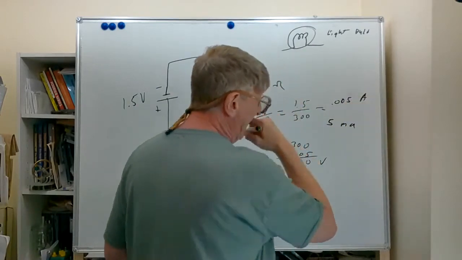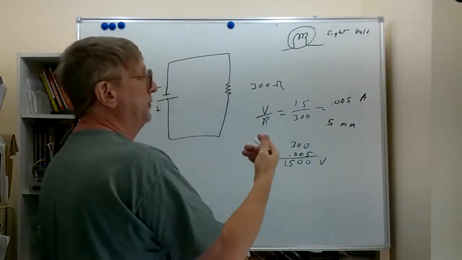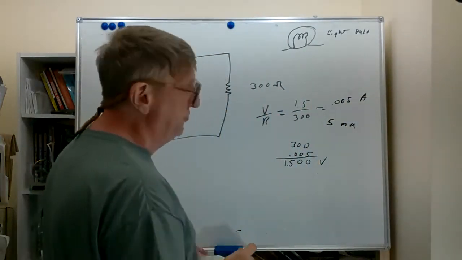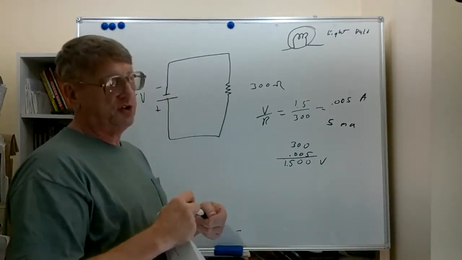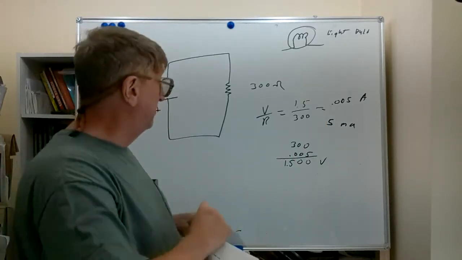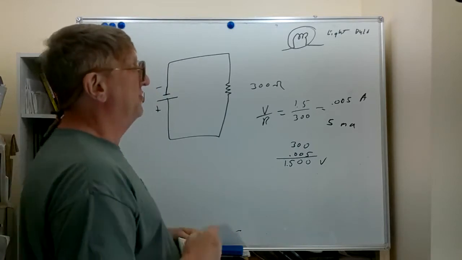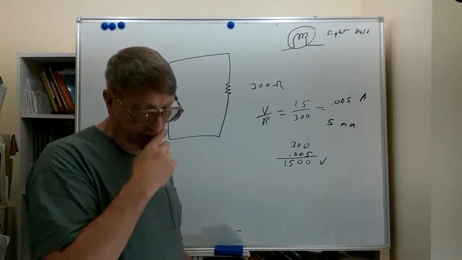This number here is 5,000ths of an amp, so we can call it 5 milliamps. In electronic circuits where the currents are not very large, we often use units such as milliamps rather than amps.